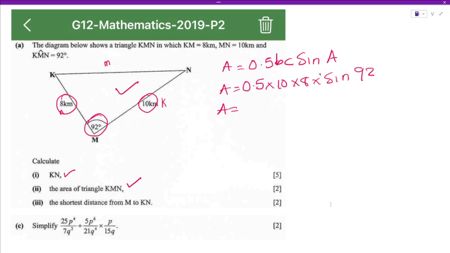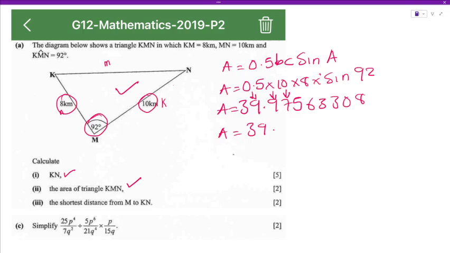That gives me 39.97563308. If we round it off to 2 decimal places, we're getting 39 point. This 7 will round the 9 upwards, of which the 9 will also round this 9 upwards.